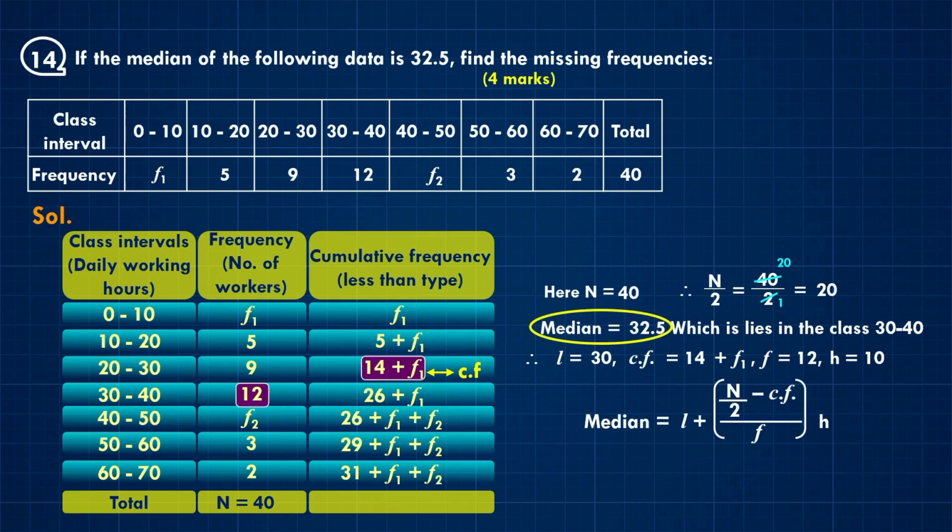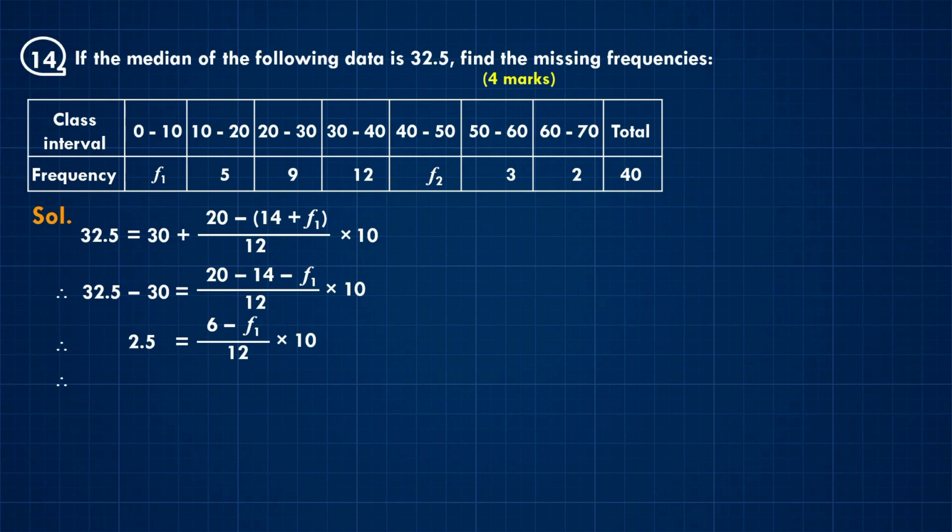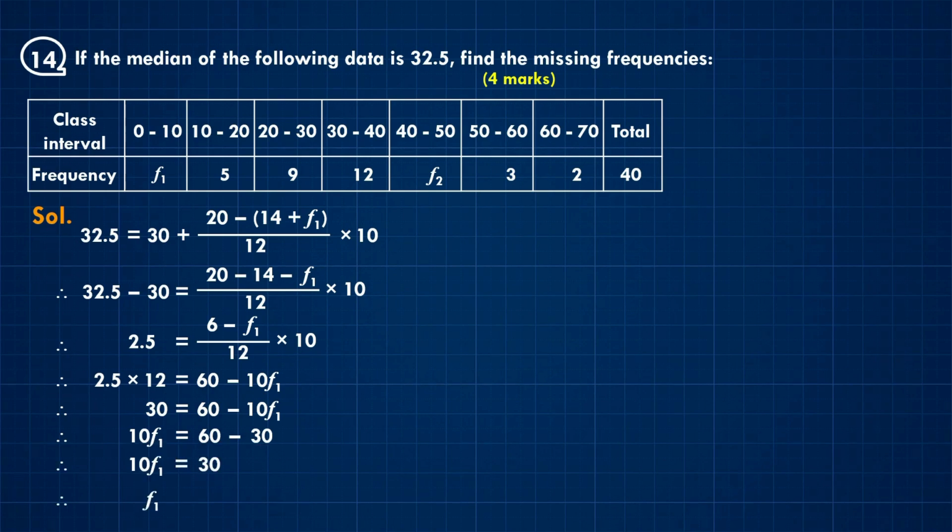Now put the median value and all the other values in the formula. Okay. So now let's solve this equation. Okay. You can use your own way of solving. So now finally we got F1 equal to 3.